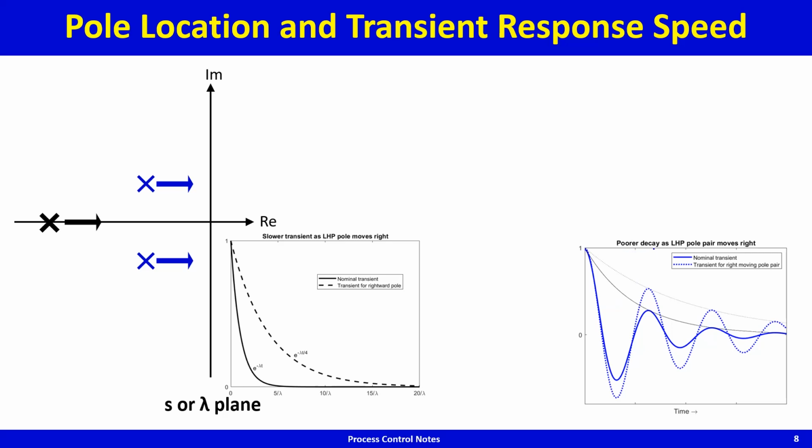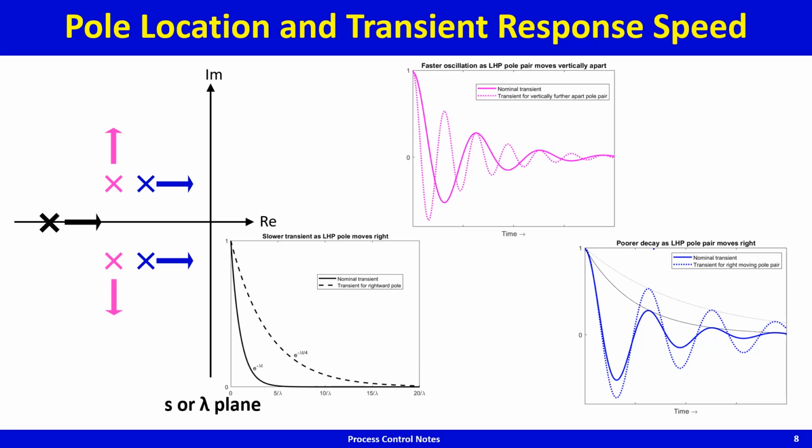Okay, what if the real part remains the same, and you have a complex conjugate pair, but now the imaginary part is increasing. In this case, the exponential envelope remains fixed, however the frequency of oscillation increases, and that's what is shown here.